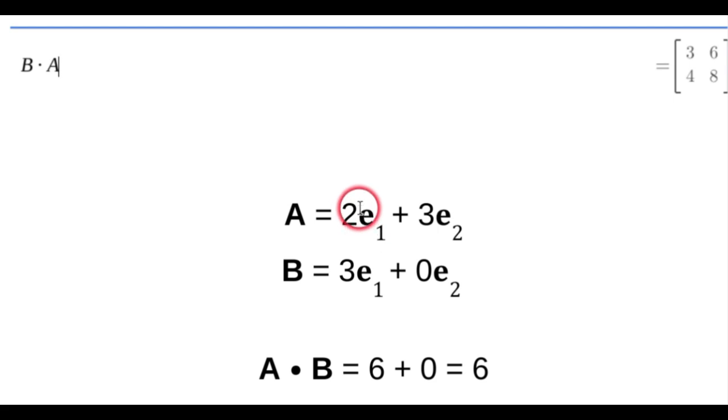This is really easy. These are orthonormal basis vectors, so E1 dotted with E1 survives, E2 dotted with E2 survives, and the cross terms go to 0. So it's just 2 times 3, and A dot B is equal to 6.